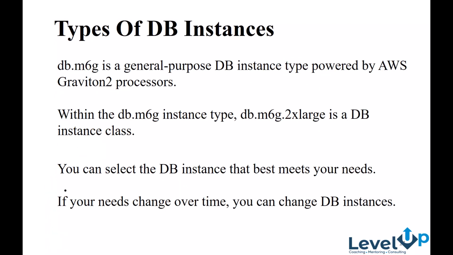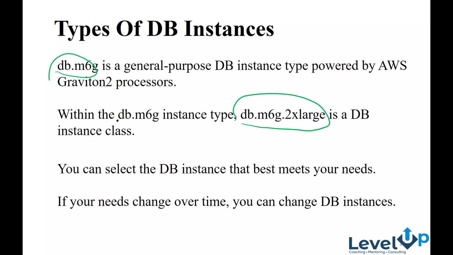Now there are different types. For example, there is a database class you can see here, which is db.m6g.2xlarge. Or there are different classes, something like db.m6g. You can call this a general purpose database instance.